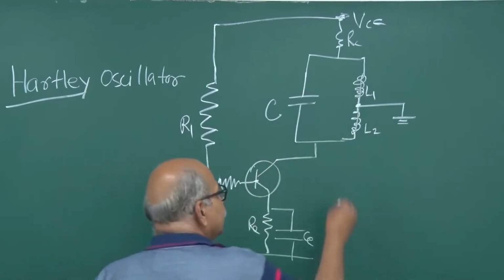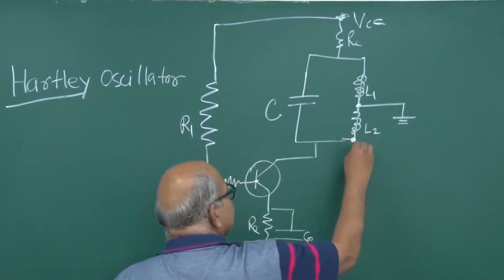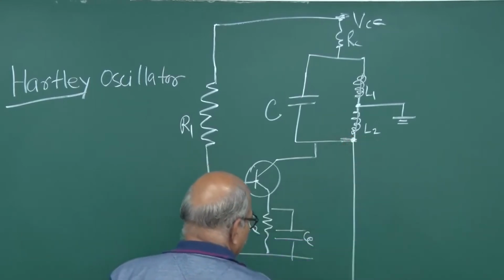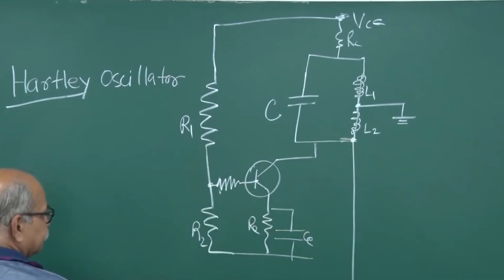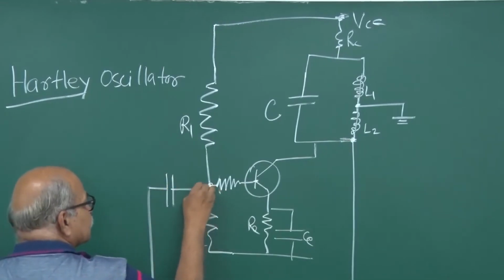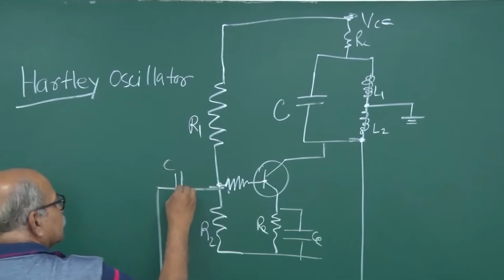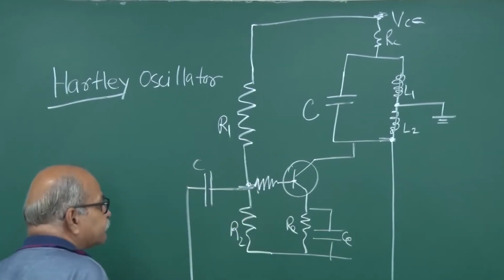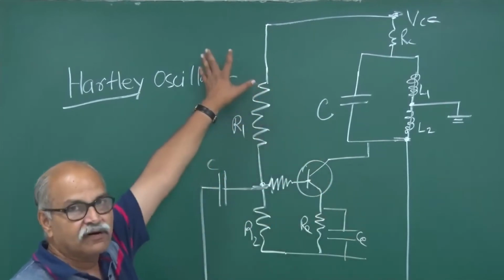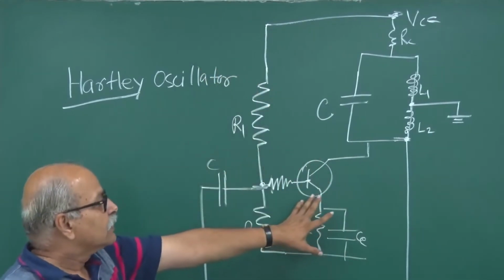And this point on L2, the voltage here, is taken and joined to the base voltage, the base biasing. This is just a capacitor. Okay, so it goes like this. This is the kind of circuit of a Hartley oscillator.